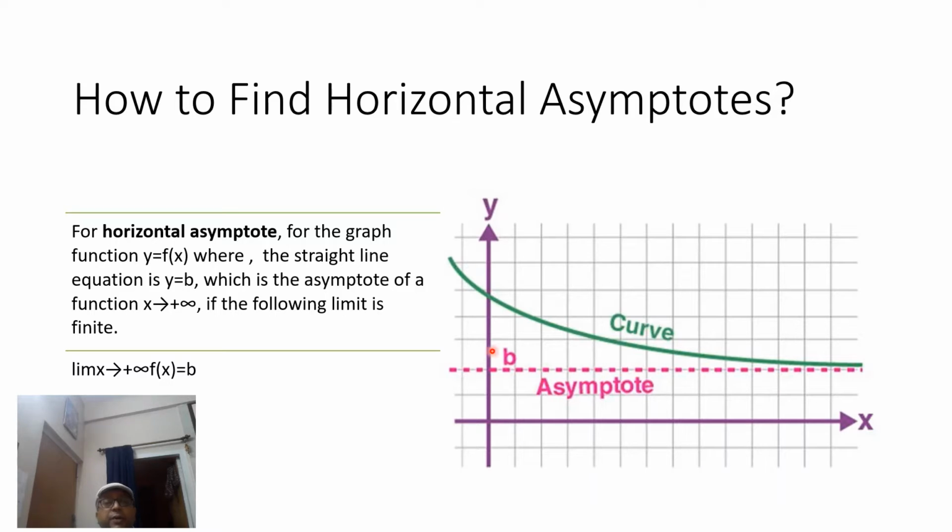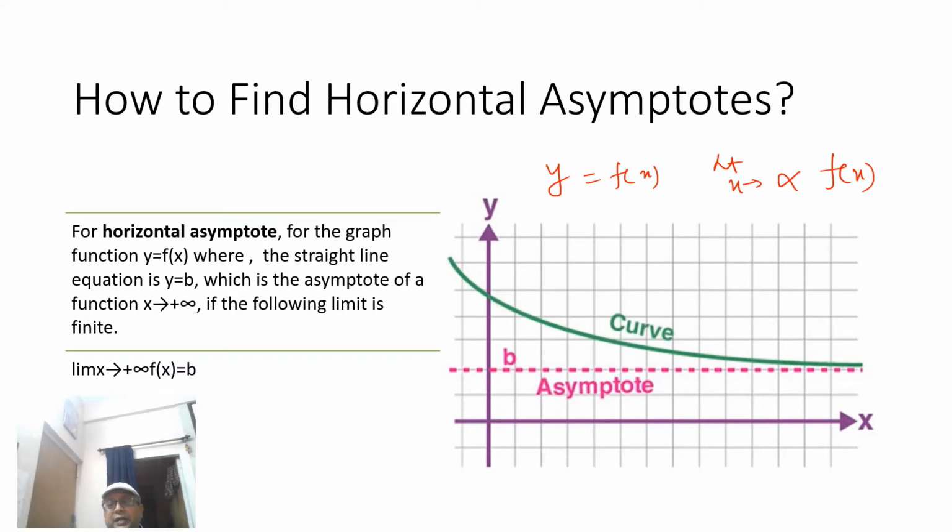So for finding the horizontal asymptote, you will remember this formula: for the graph y equal to f(x), if the limit as x tends to plus infinity of f(x) gives us a value k, say, then y equal to k will be a horizontal asymptote.